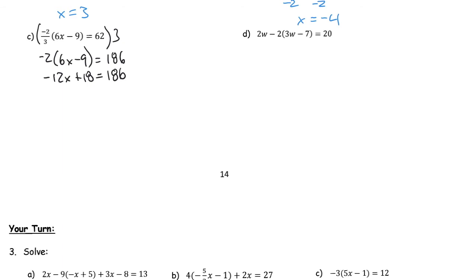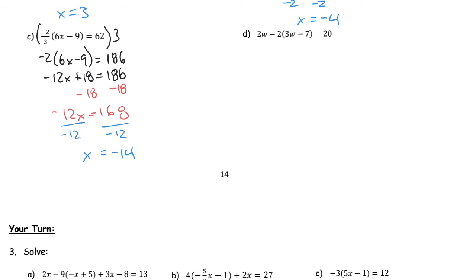Now I'm going to subtract 18 from both sides. And that's going to get me negative 12x is going to equal 168, I believe. Yep. And then I will divide both sides by that coefficient, and I'll get that x is equal to negative 14.